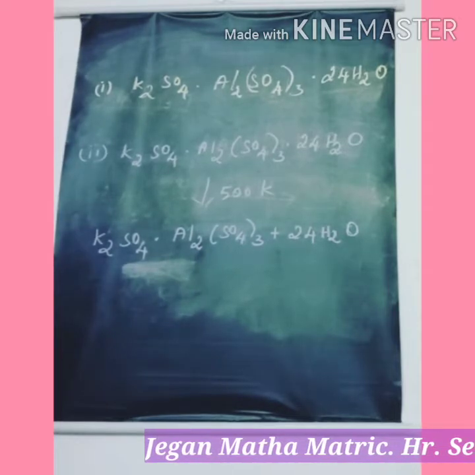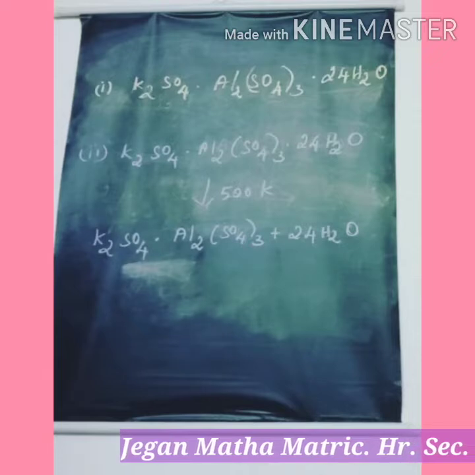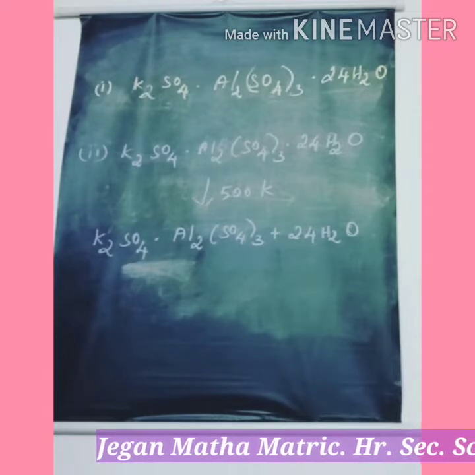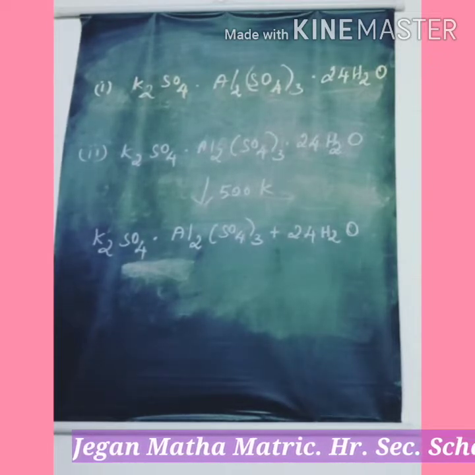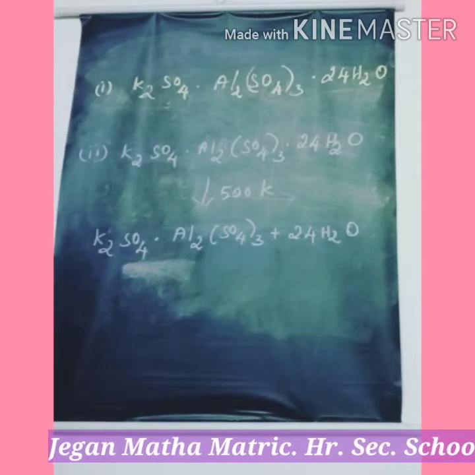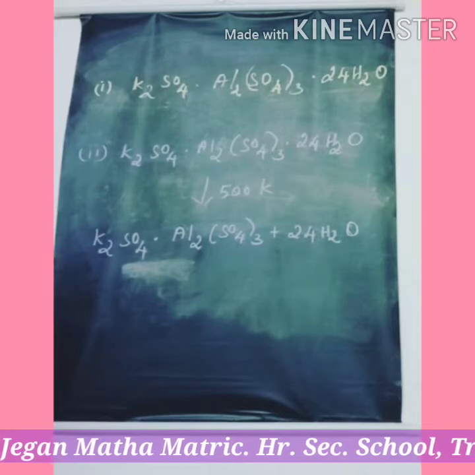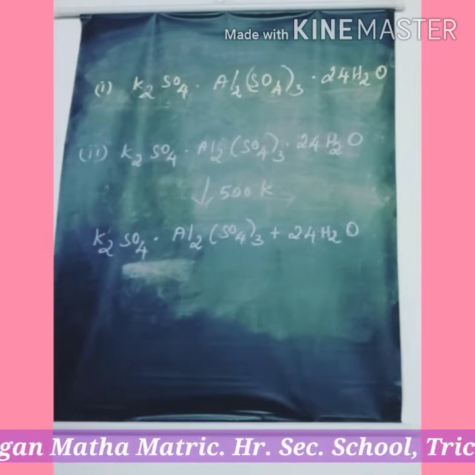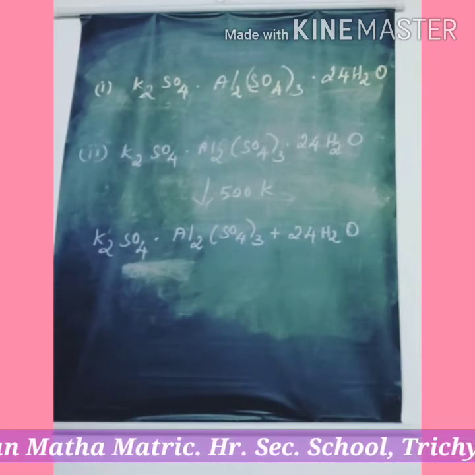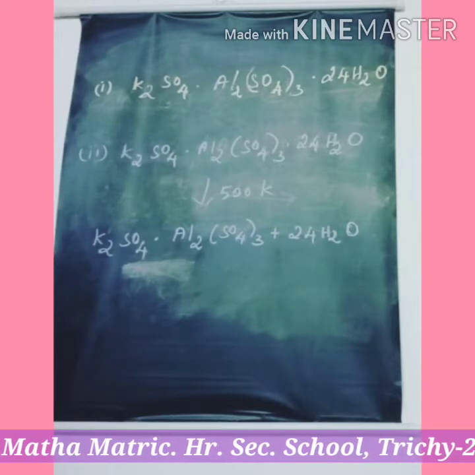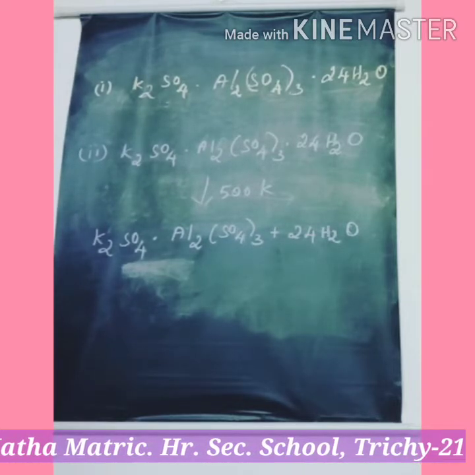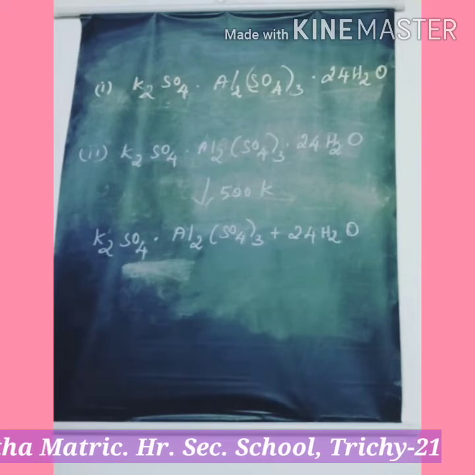Just we recall the alums. Okay, the first one, a double salt which contains 4th period alkali metal. Okay, see the 4th period alkali metal. So that on heating at 500 Kelvin gives B. Okay, so recall your page number 40 in your book. So see that equation. So what is the A compound? So that is the potash alum.